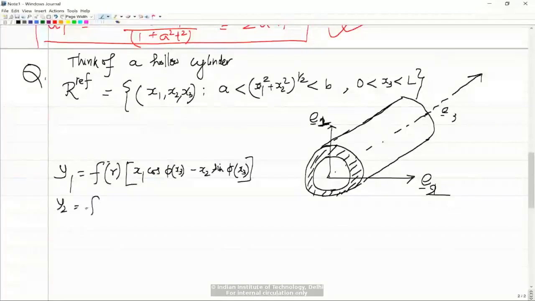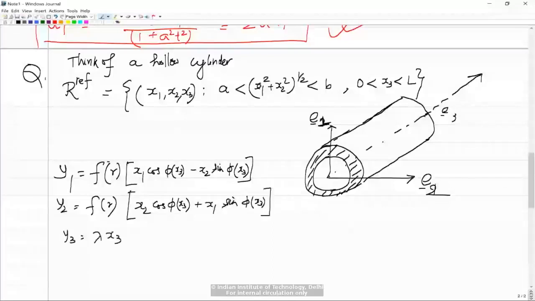Then y2 is equal to f(r) into x2 into cos of phi of x3 plus x1 into sine of phi of x3. And y3 is equal to lambda times x3.